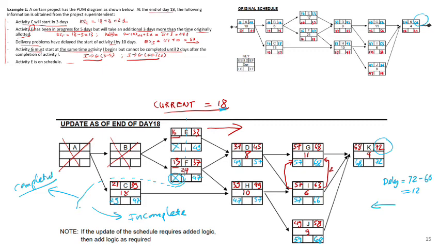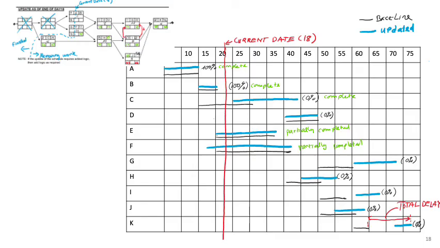All right, so that is the one example about how to update the project network. All right, so you can use the updated network schedule to develop bar chart.